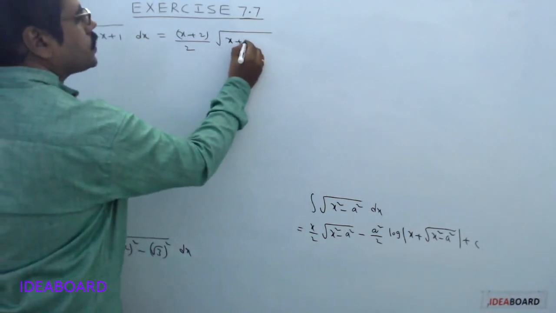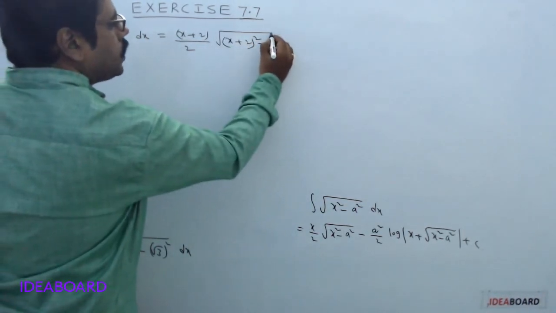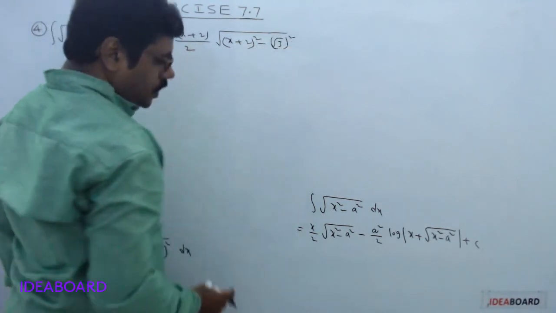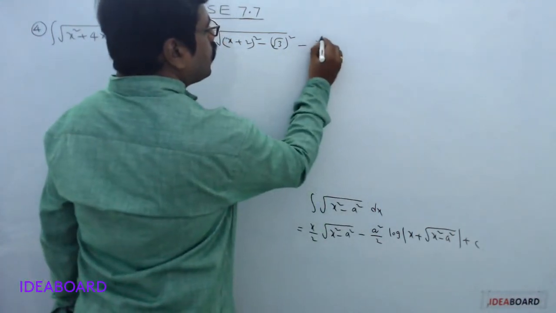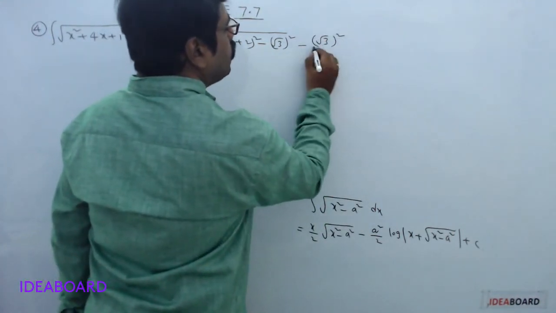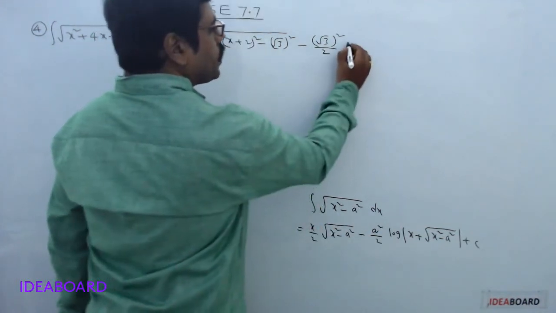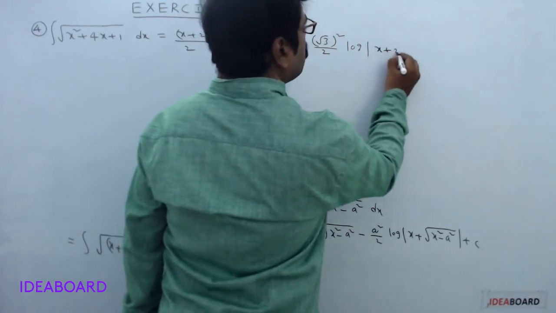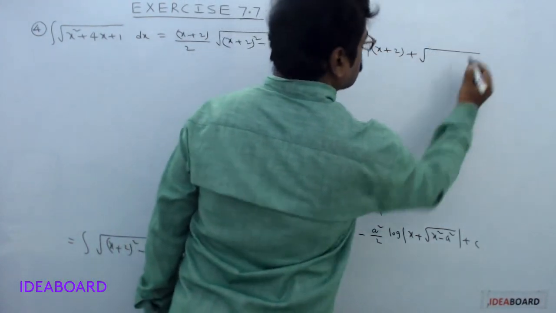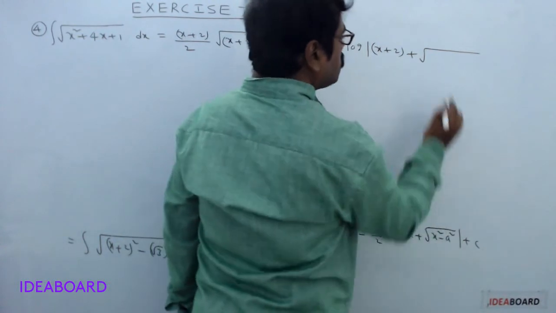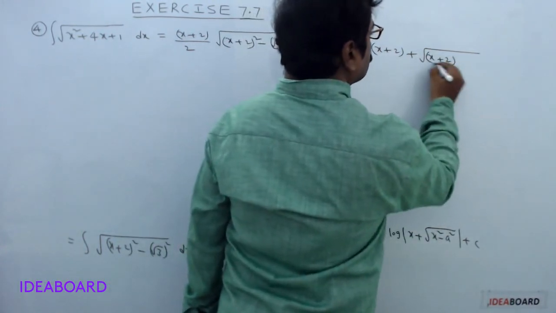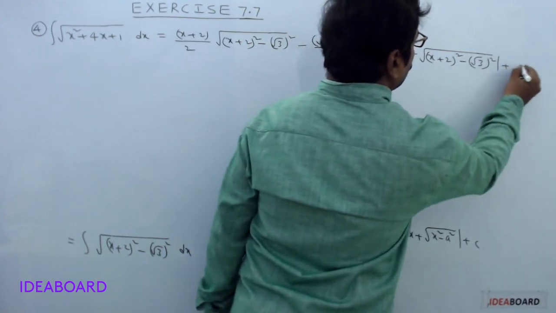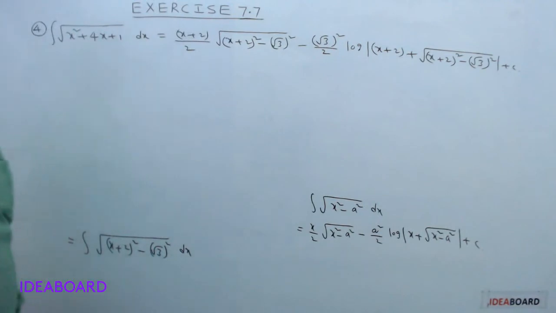X value x plus 2 whole square minus a value root 3, so root 3 whole square, minus a square, that is root 3 whole square divided by 2 into log mod of x. Your x value is x plus 2 plus square root of x square minus a square, that is x plus 2 whole square minus root 3 whole square plus a constant c.